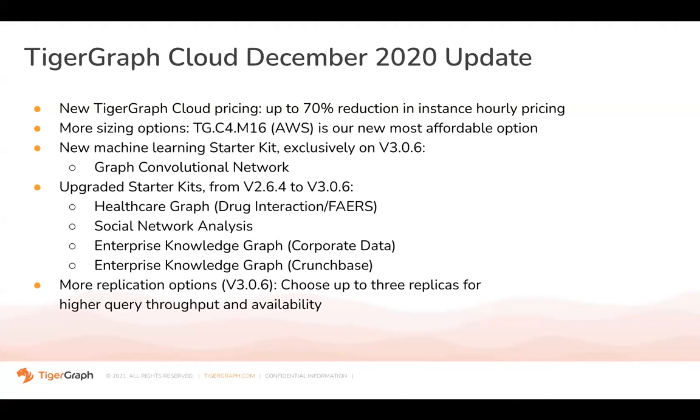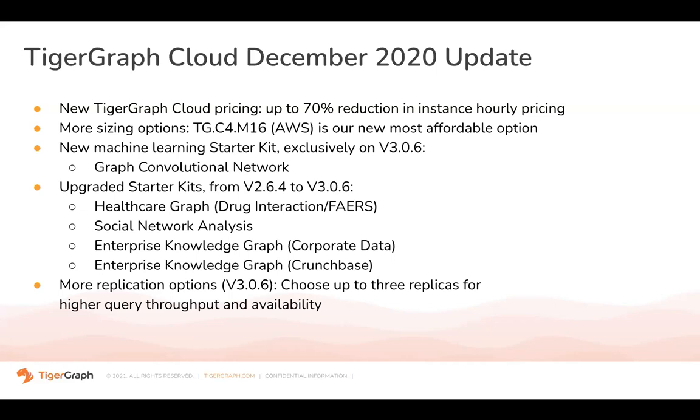We really want to help everyone to use graph analytics, and by reducing the price, we think it will help you to really bring graph analytics to your organization. So that's one of the biggest business updates on the TigerGraph Cloud platform.